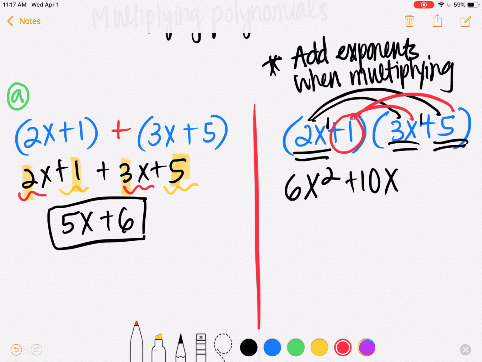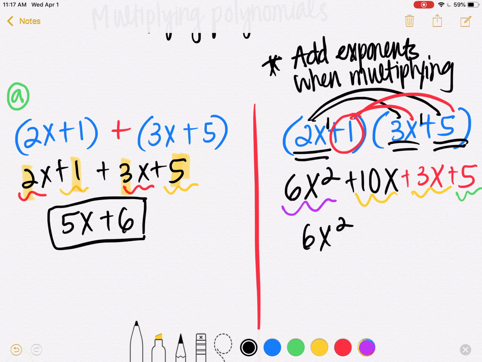Okay, so 1 times 3x is going to give you 3x, and then 1 times 5 is going to give you 5. From here, you now add like terms. Okay, the 6x squared, that's the only term with a square. You can combine though the 10x and the 3x, and the 5 cannot be combined, it's your constant. So 6x squared, 10x plus 3x is 13x, and then plus 5.